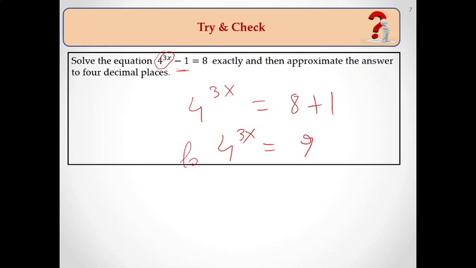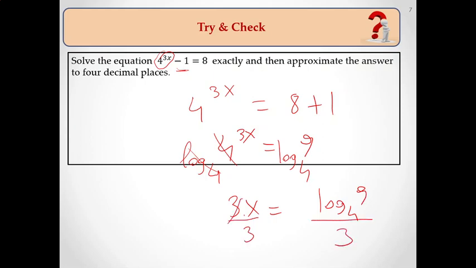You take the logarithm base 4 of both sides. And now this log 4 and 4 cancel each other. Got this one, 3x equal to log base 4 of 9. And now divide by 3. We end up with x equal to that number here.